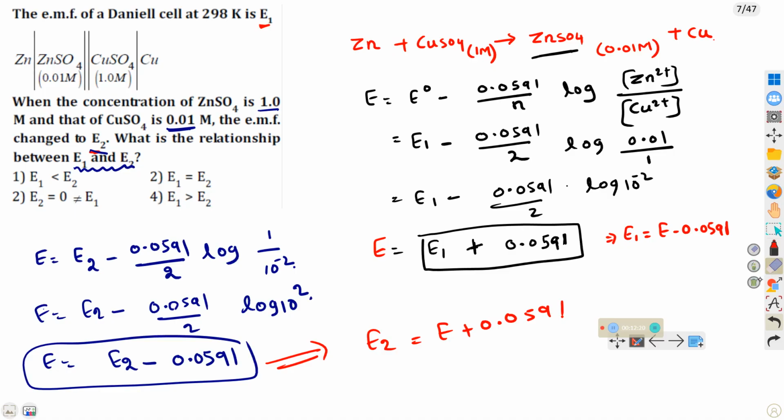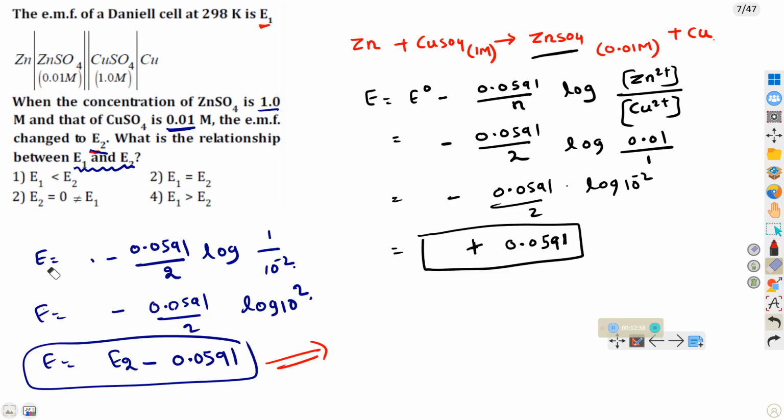Sorry, here I made one mistake. What is my mistake? Here it is given that the EMF of a Daniell cell is E1. EMF is E1. Here EMF is E2.